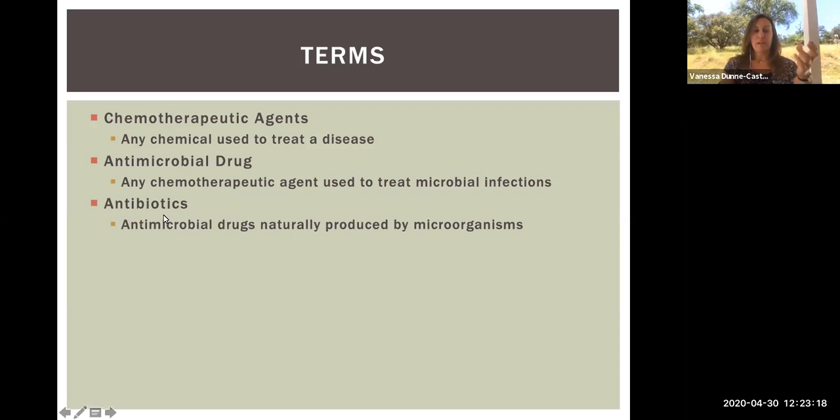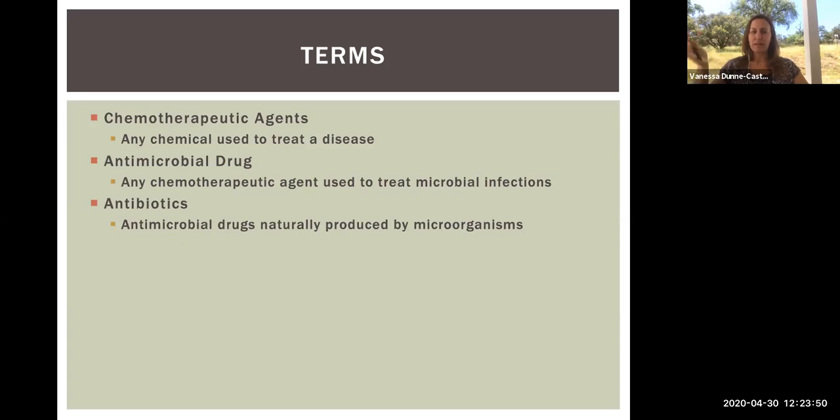And then this actual term antibiotic, what it really means is an antimicrobial drug that is naturally produced by a microorganism. Now, antibiotics were really how this whole thing started, with antimicrobial drugs for antibacteria. So antimicrobial medications that specifically target bacteria. The first, of course, that was discovered and really turned into human use is penicillin back in the early 1940s and 50s.